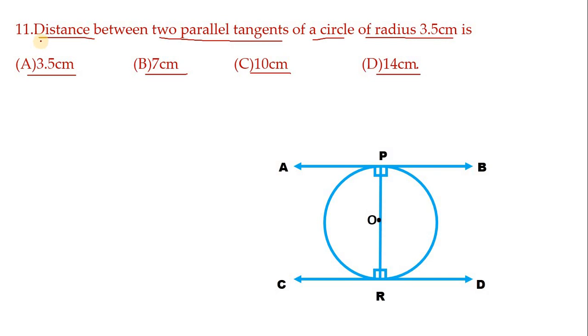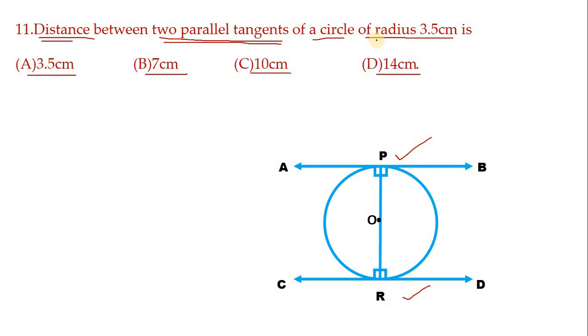So what you have to find here is the distance between two parallel tangents. To get parallel tangents, you have to draw the tangents which are opposite to one another. So it means they have to touch the end points of the same diameter. I hope you understood this.